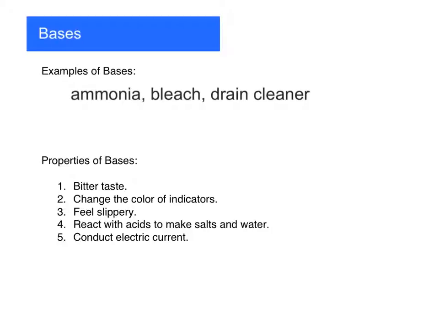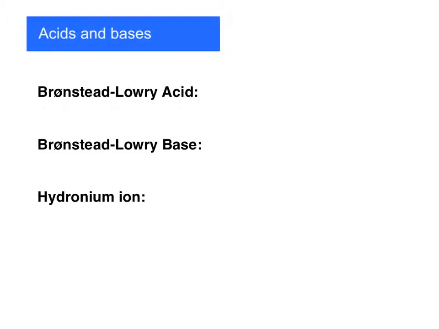They feel slippery, so this is probably logical because a lot of types of soaps are bases. And just like acids react with bases, bases will react with acids to make salt and water. And again, bases produce OH minus ions, which will allow them to conduct electrical current as well. Now, the definitions that we're going to use for acids and bases are the Bronsted-Lowry definitions.